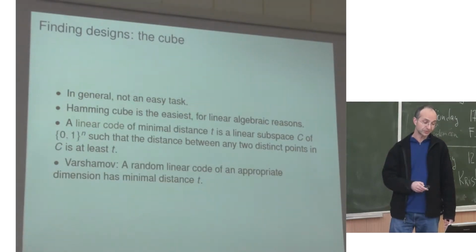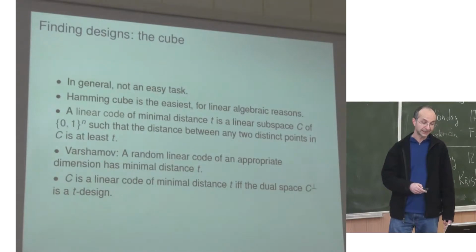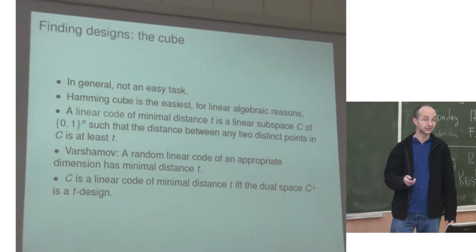And Varshamov in the 60s observed that a random linear code, whose dimension is not very large, will have minimal distance at least T. So we have such objects, and it's a very simple observation that if C is a linear code, a linear subspace, and you look at the dual space of all the vectors orthogonal to C, then it's a T-design.